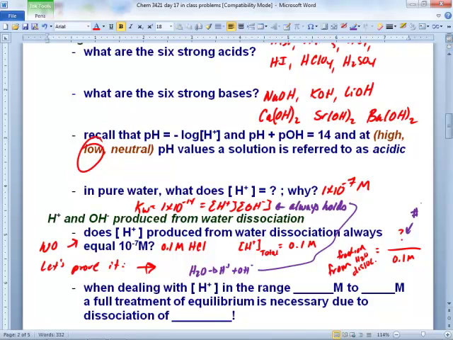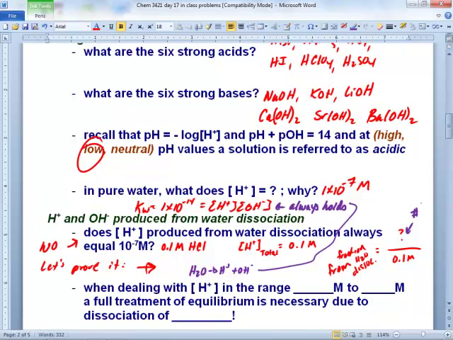So all we do is calculate the concentration of hydroxide, because that has to be from water falling apart. And remember, that's 1 to 1. If you produce 1 hydroxide, you're going to produce 1 hydrogen ion. So we find the concentration of hydroxide and say that the same amount had to go to hydrogen ion.